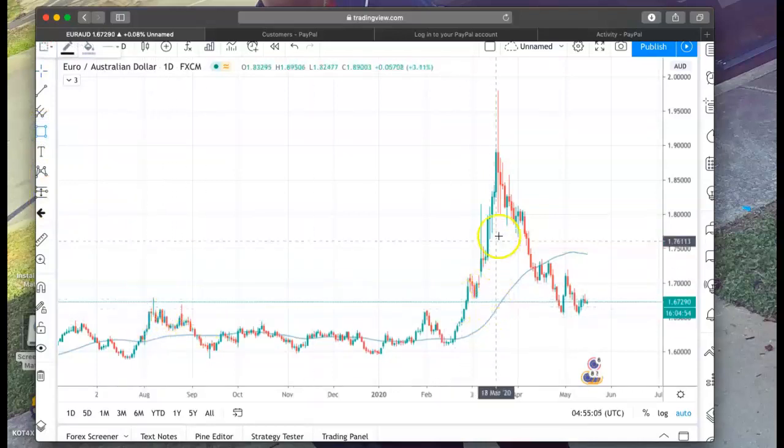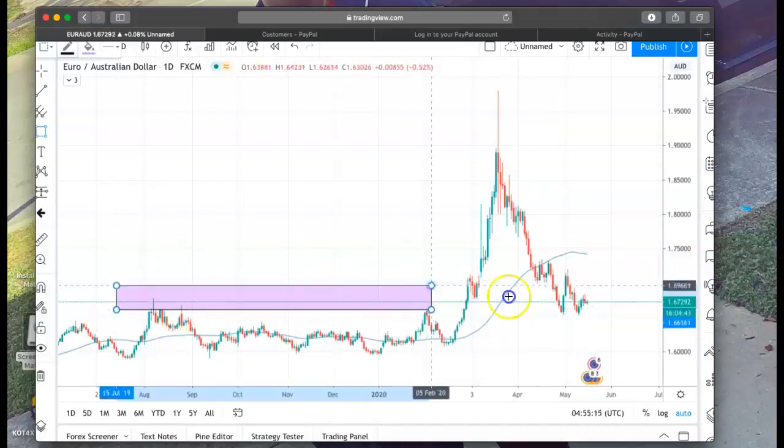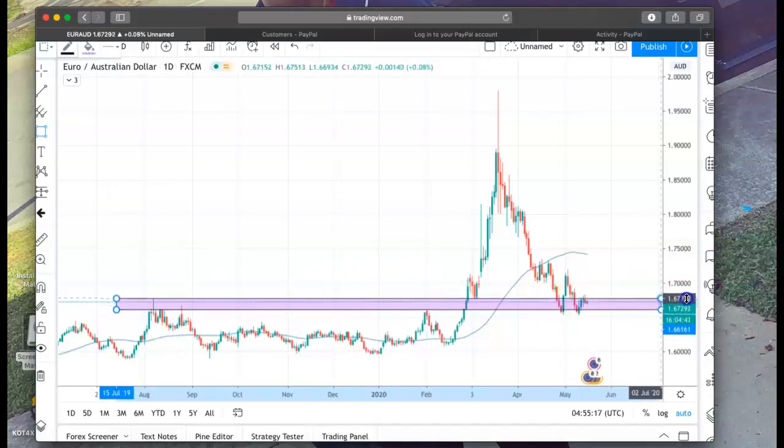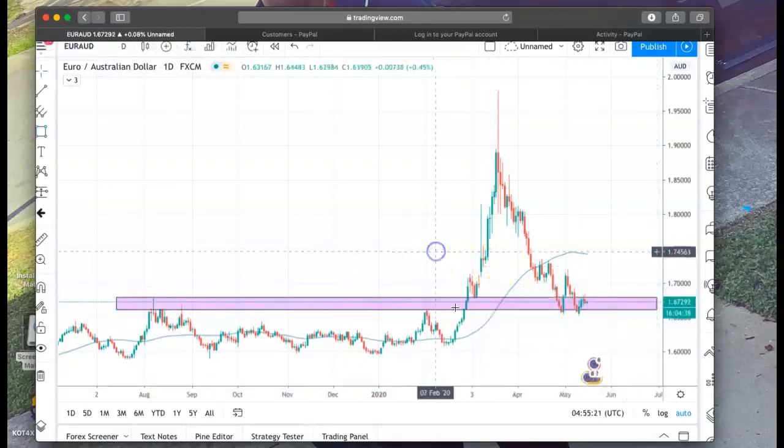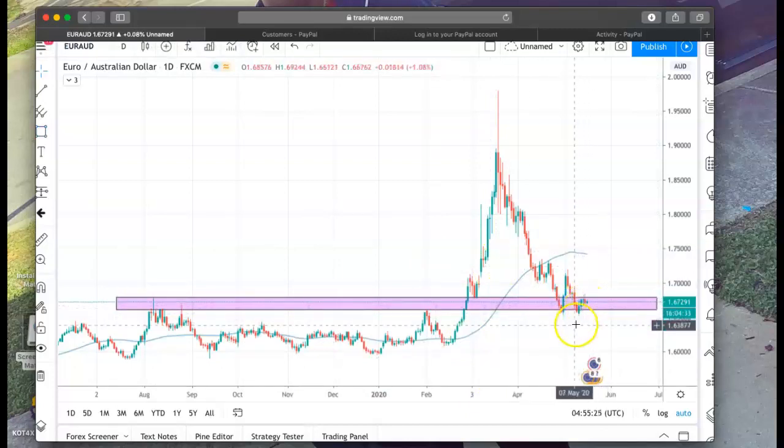You see we went on a large impulse here. But I'm going to come back in history and figure out where I have rejection. So you can see right here that this is a very, very key zone, and you see that price is stuck in this zone right now.